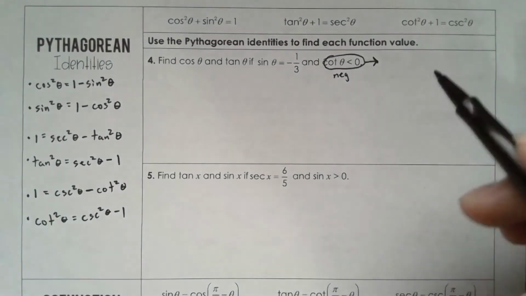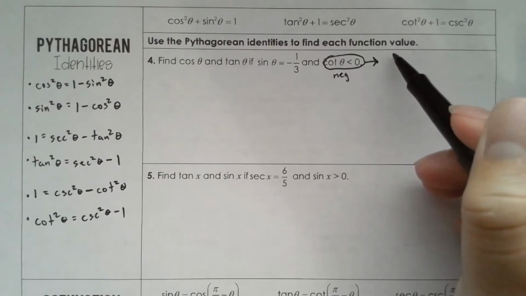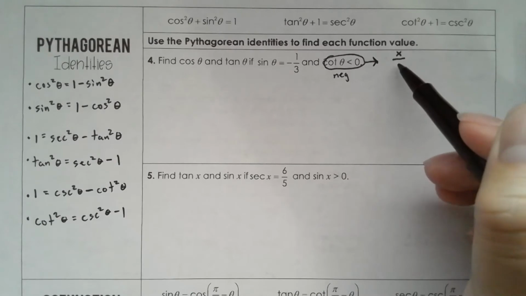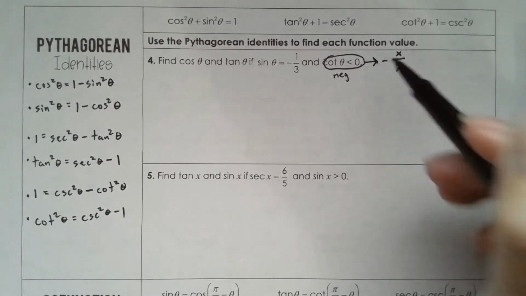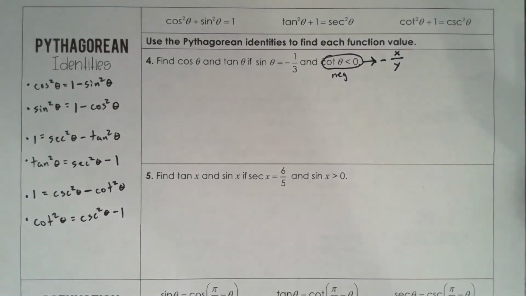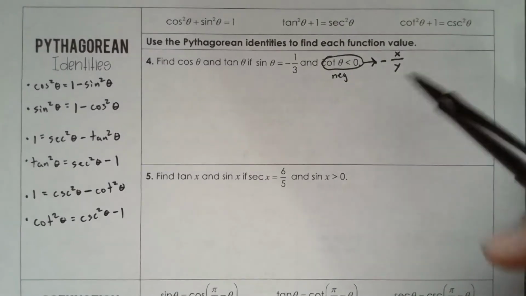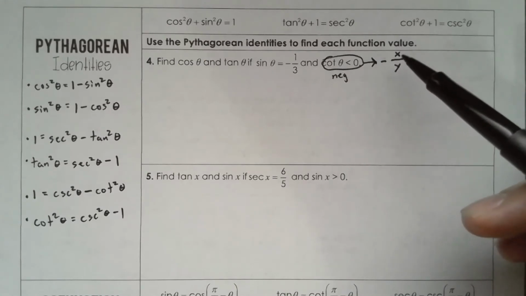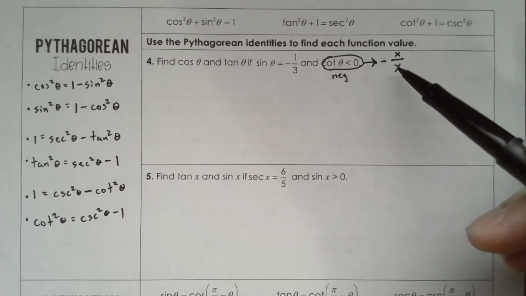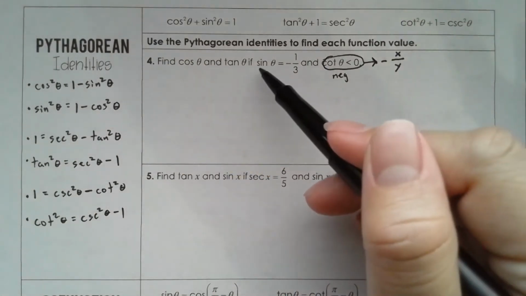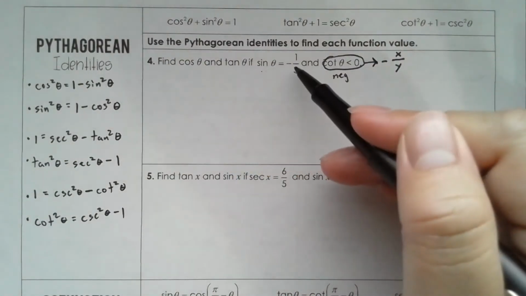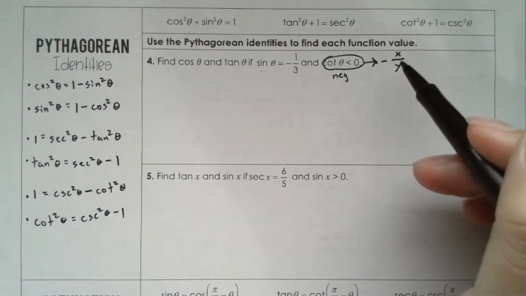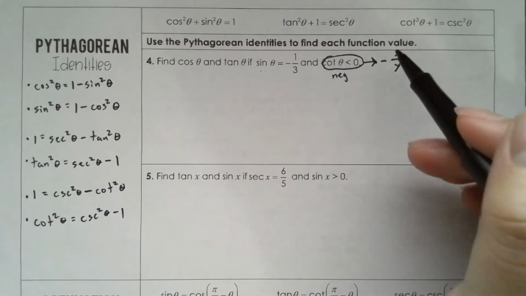So if cotangent is less than 0, this value here is going to be negative. To get a negative, you either have a positive divided by a negative or a negative divided by a positive. They give me here sine theta is negative 1/3. Sine is y. So if y is negative, that means x is positive. So positive divided by a negative is negative. Okay, so that's this guy here.